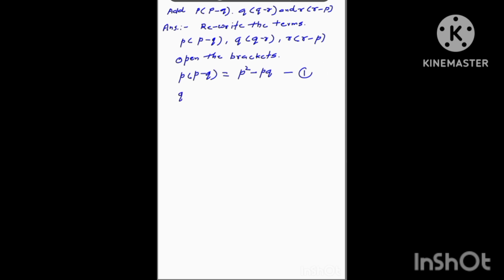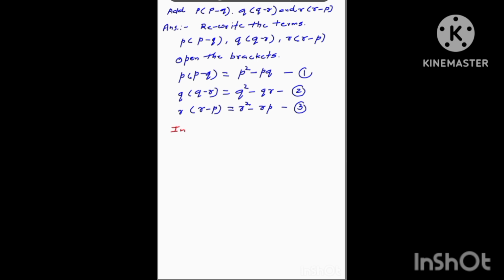Second one is q into q minus r, that is q square minus qr, that is the second one. And the third one is r into r minus p, or r minus p into r, is r square minus rp. Okay, that is the third one.